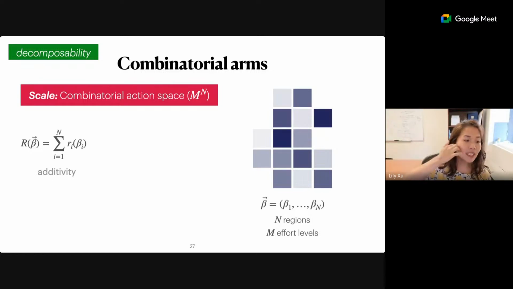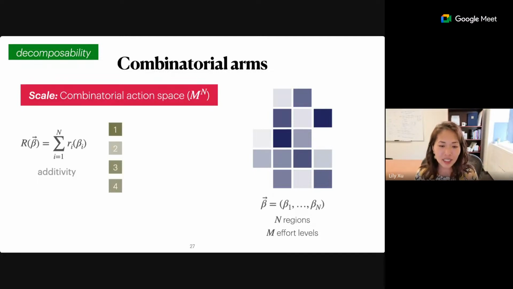So first, thinking about the combinatorial action space, what we recognize is that there's really nice decomposable structure in our reward. Our reward from one combinatorial action is just the additive sum of the reward at each region. So the number of total snares we find is the number of snares for each region added up.